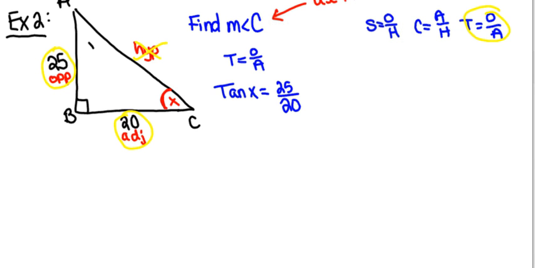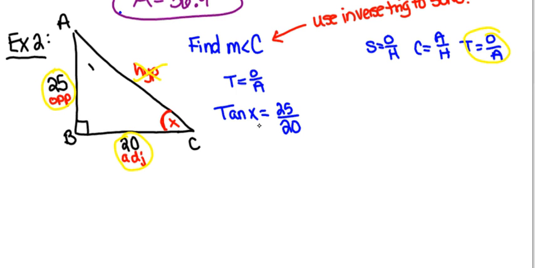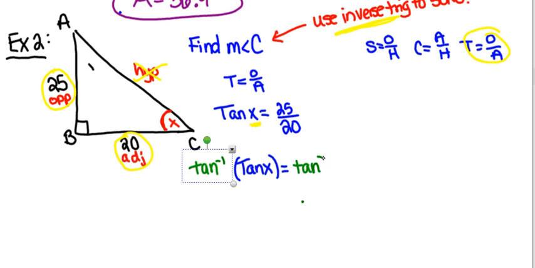And again here, I'm solving for an angle. I want to find an angle. So that's what tells me that I'm going to have to use inverse trig. So I undo taking a tangent by using an inverse tangent. So I've got inverse tangent of tangent of x equals the inverse tangent of the fraction 25 over 20.